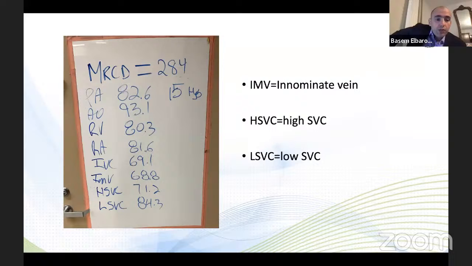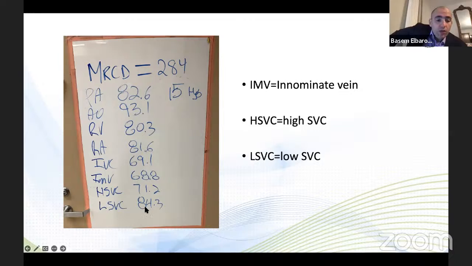Okay. So in this case, notice that the IVC oxygen saturation is 69%. Innominate vein, which is above the IVC, is almost 70%. The high SVC was 71%.